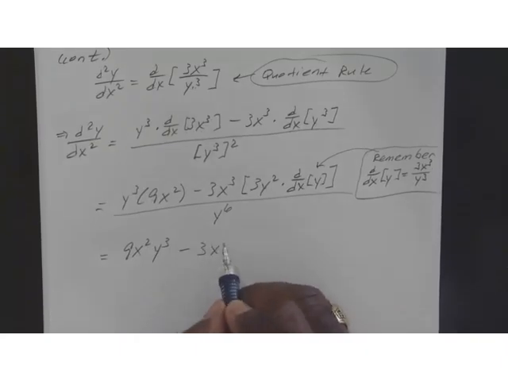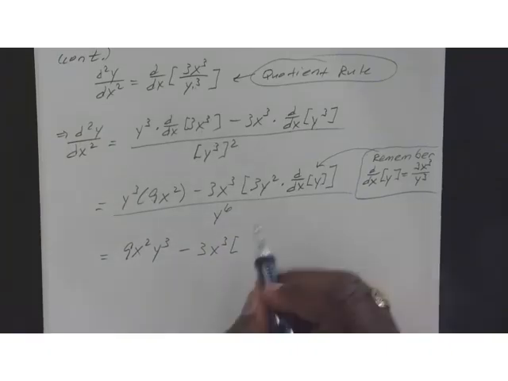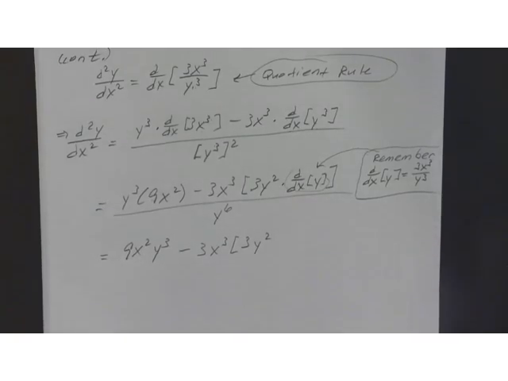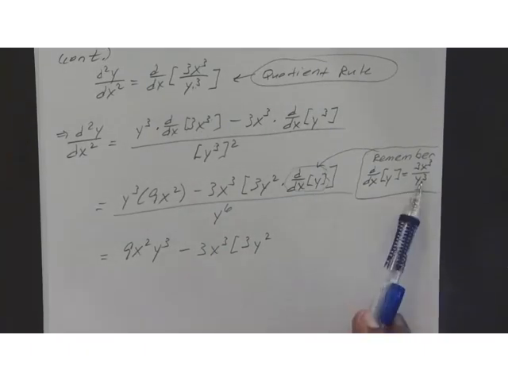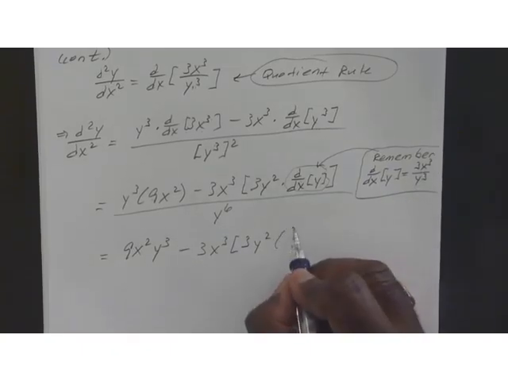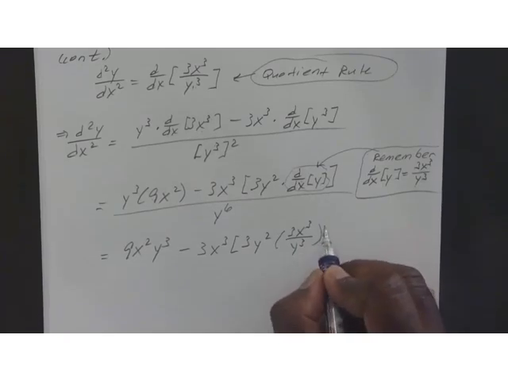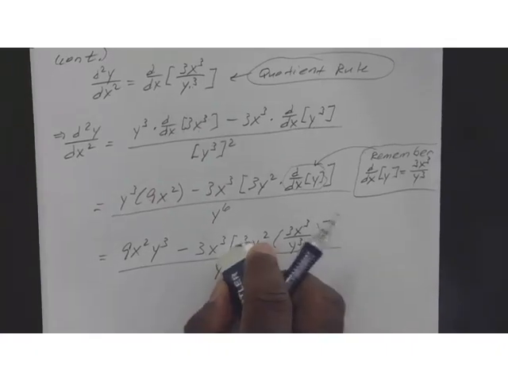Minus 3 times x to the third power, and we could have multiplied those here, but I'll do that in the next step. Times 3y squared, and that derivative of y with respect to x, we can replace that with 3x to the third power divided by y to the third power. And all of that divided by y to the sixth power.